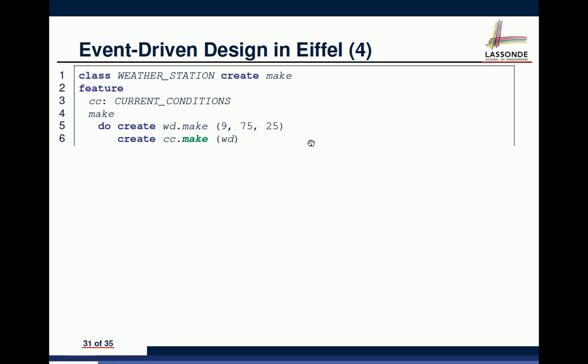When I execute line number 6, what's going to happen here? I'm trying to construct a new object for CC, the current conditions. That means I should save the pointer to the command to the events. That's what's going to happen.